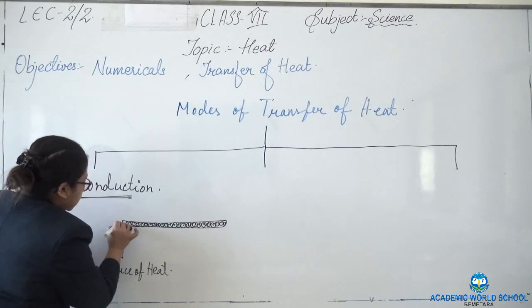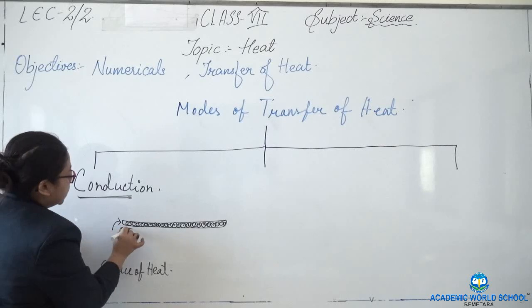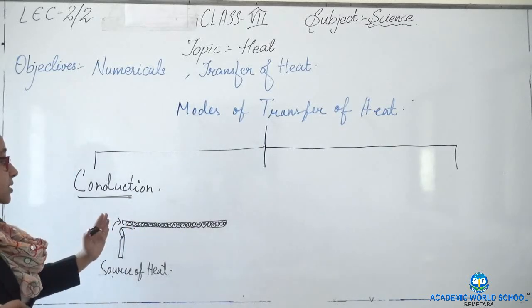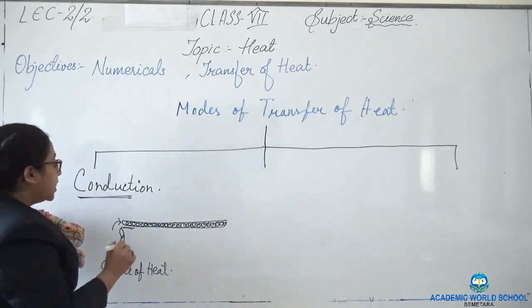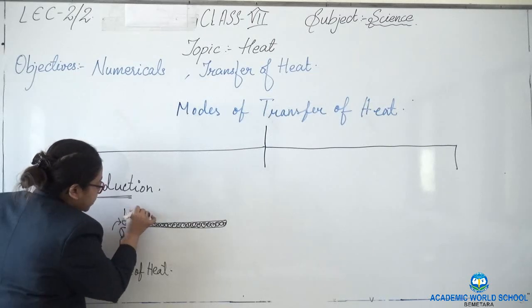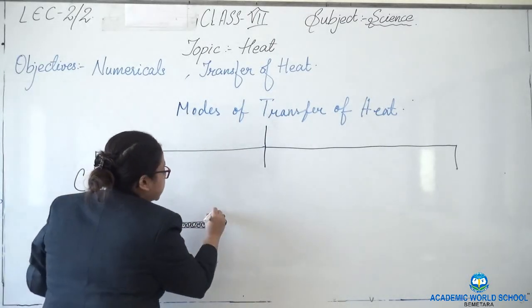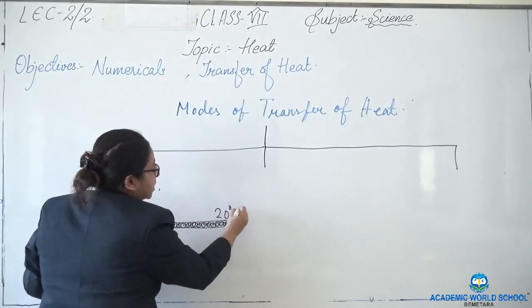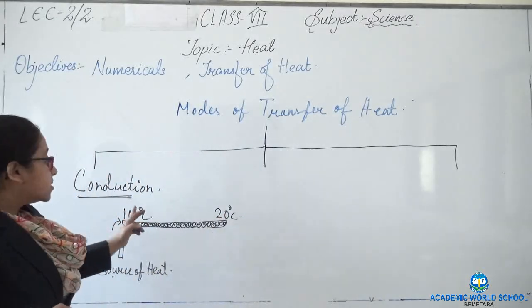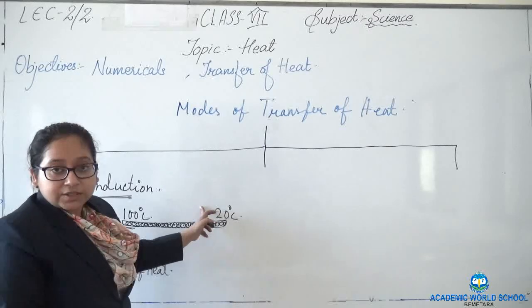Now this is producing heat here. When this iron rod is heated, suppose the temperature here is 100 degrees Celsius and the temperature at this end is 20 degrees Celsius. So there is a difference in temperature.